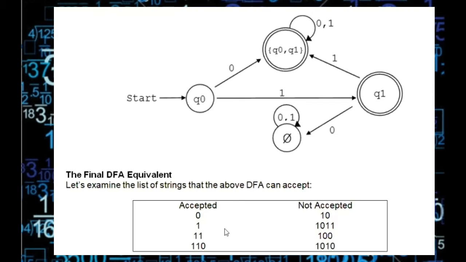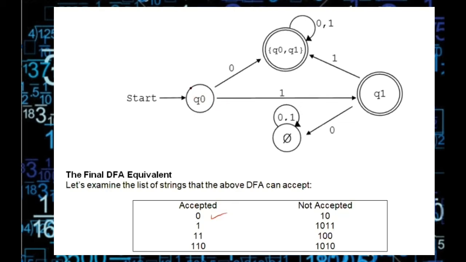So let's say, for example, here, why this set of strings are being accepted in our given DFA above. Let's say, for example, let's check this 0. So why is this accepted?